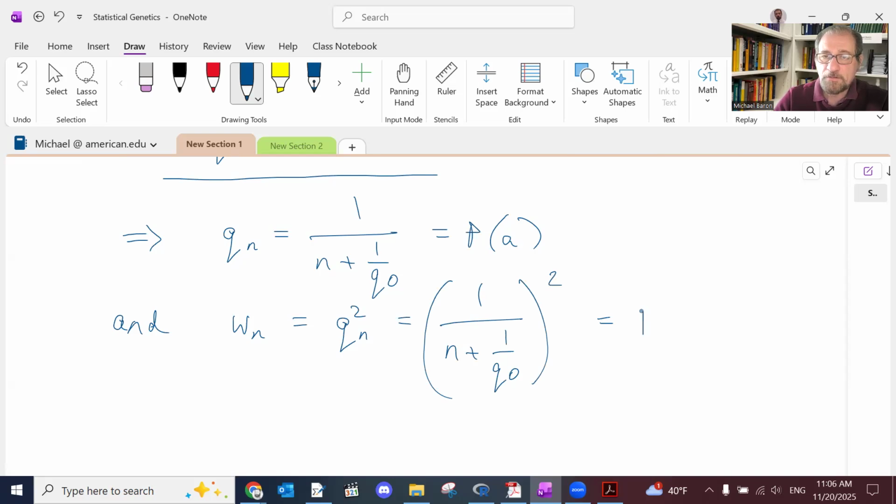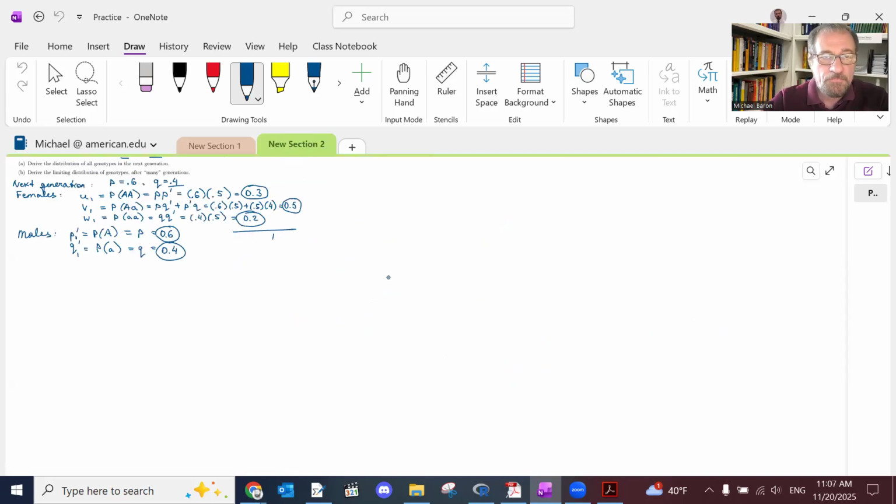That's the proportion of recessive genotypes. And now, if you want this proportion to be less than a certain number, then you can solve this equation with respect to n. And that's what we'll do in this problem.